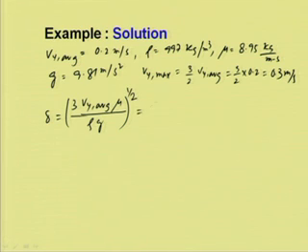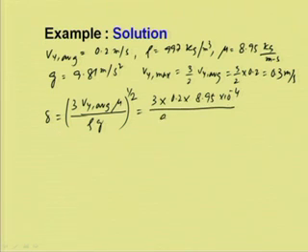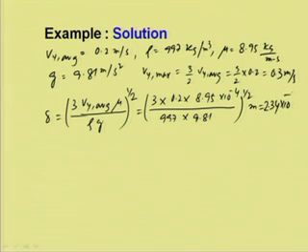So, this will be equal to 3 into 0.2 into 8.95 into 10 to the power minus 4, divided by 997 into 9.81, to the power half meter, which is equal to 2.34 into 10 to the power minus 4 meter.